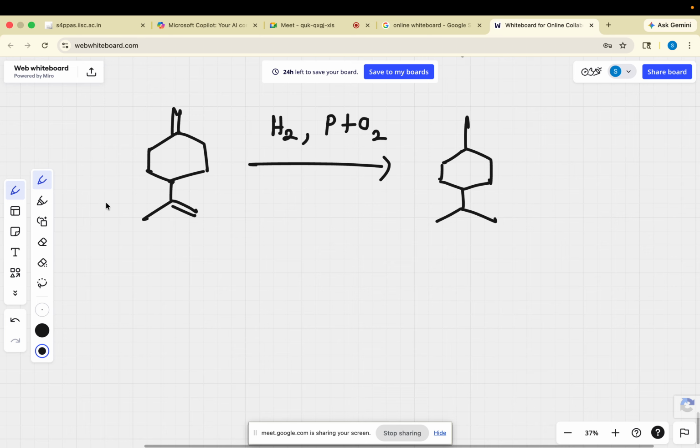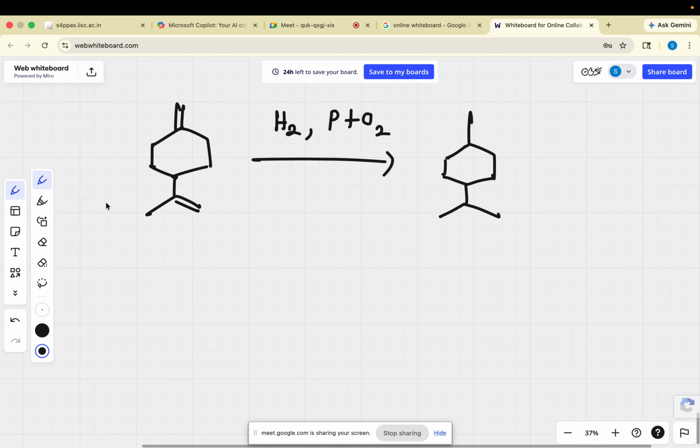We are not maintaining any equivalents either. So if you use excess, definitely both will be reduced. But in the exam you have to check the options; whatever options they are giving, you have to move according to that. Option elimination you have to do. Fine, done.